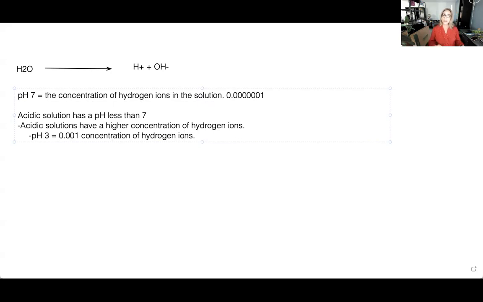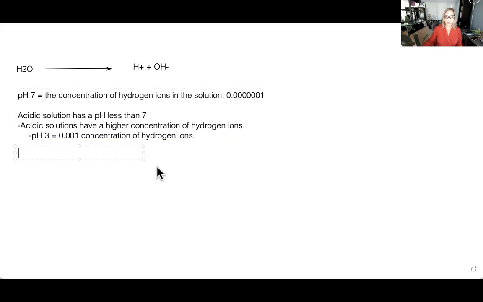What I want you to notice here is 0.001 is a greater number than the previous number, 0.0000001, which is a smaller number. So as solutions become more acidic, they have more hydrogen ions. Let's take a look at how this happens, and then I'll go into basic solutions.